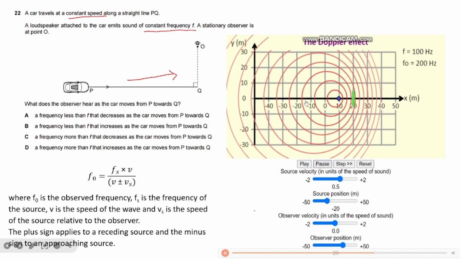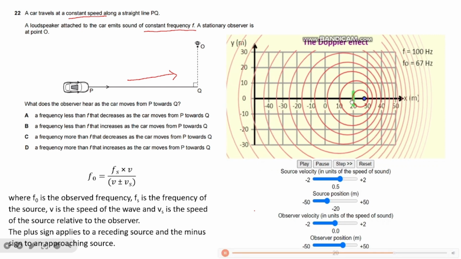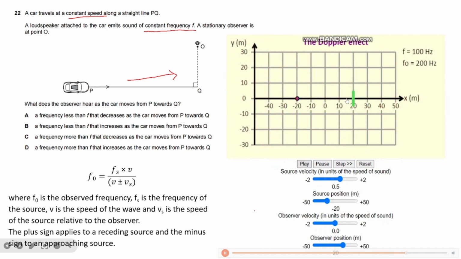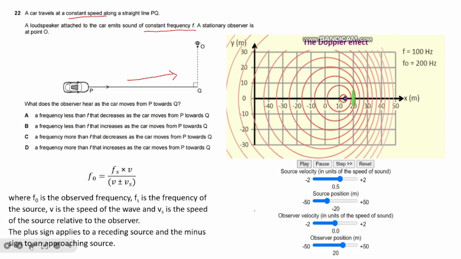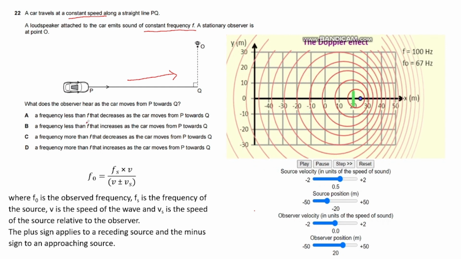You can consider a similar case for this question. As the car reaches the observer, the frequency received by the observer is decreasing, okay? The frequency is always greater than the frequency of the source.